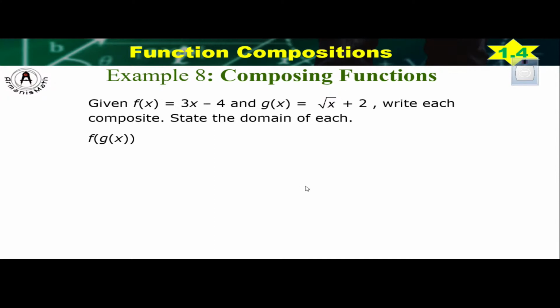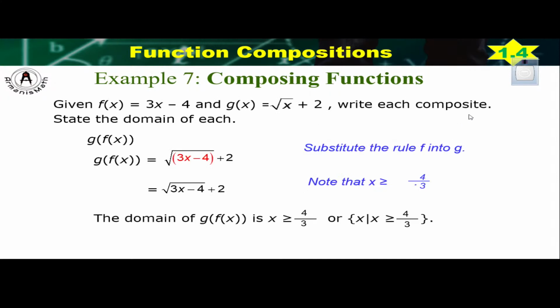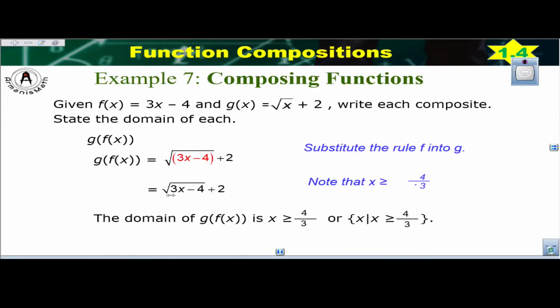4/3. Somebody was asking how I got 4/3. I took what's under the square root, because remember I needed something here. I'm reviewing because somebody was asking how I got the 4/3. I'm taking the radicand, what's under the square root, and equating that to 0 to solve for it, trying to avoid negative numbers here.